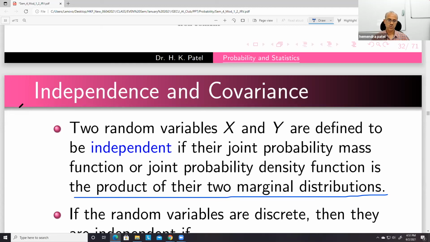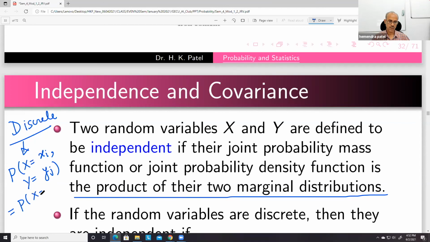Now in case of discrete, the probability mass function is like this: P x is equal to xi and y is equal to yj must be equal to the product of the two marginals, P x is equal to xi into P y is equal to yj.